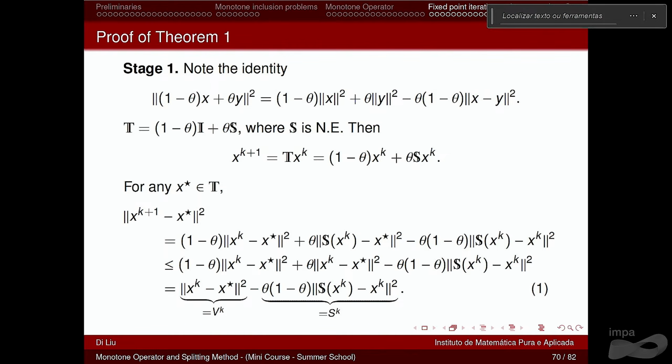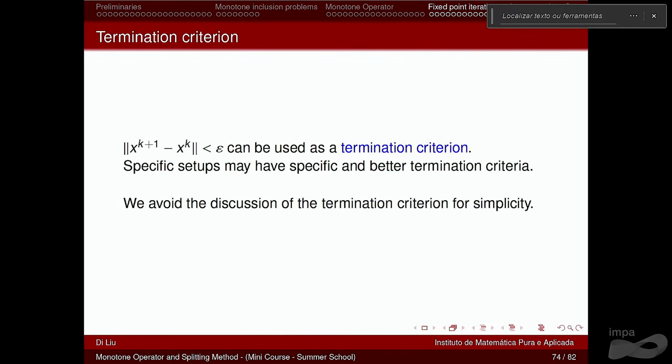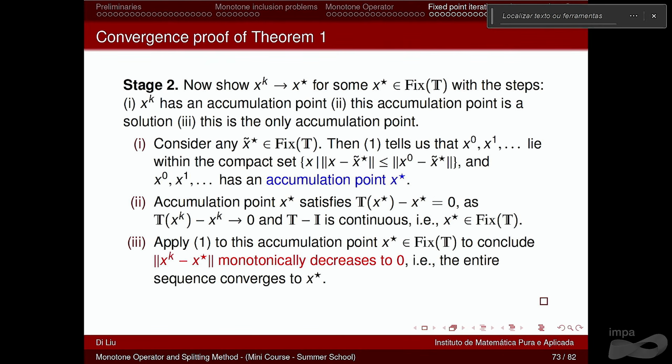From this inequality, we see that xk plus 1 minus x star is monotonically decreasing because this term is negative. And we know that there is a subsequence, because x star is an accumulation point of the sequence xk.